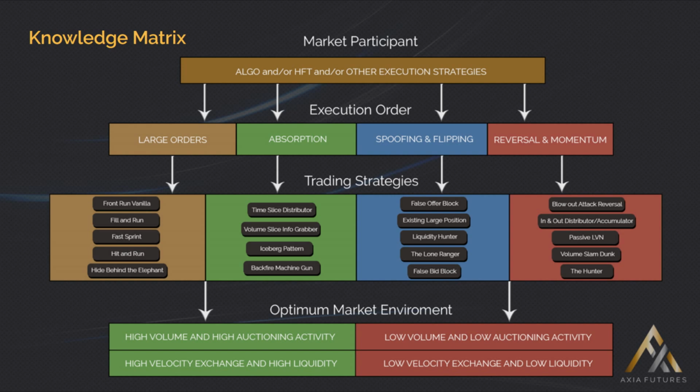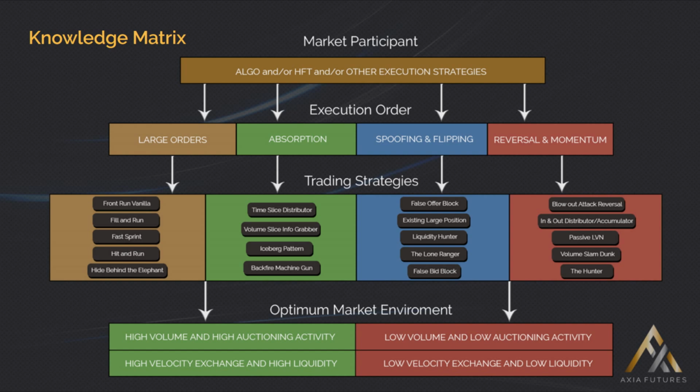But this is a broad summary of how we will be tackling the rest of the modules and the main sections, which will be large orders: when large orders are executed, how to identify them and how to trade around them. Then we look at various types of absorption patterns, what we're looking for in an absorption pattern, and the various trading strategies when we look at the price ladder, how to observe them and how to trade around them.